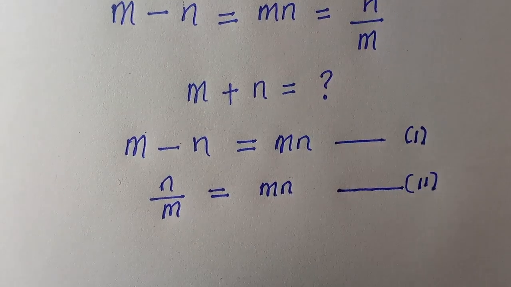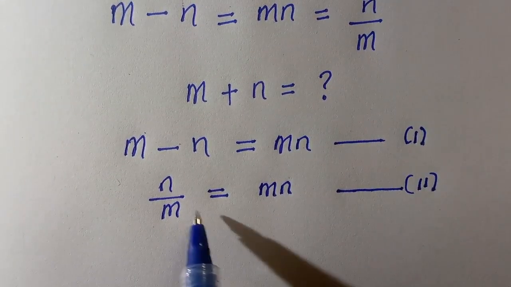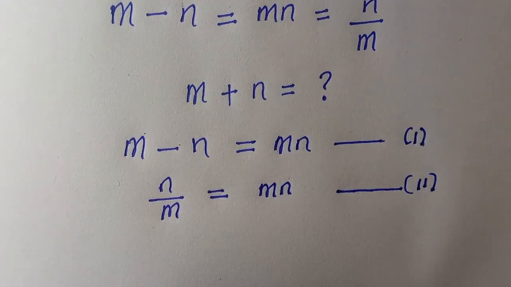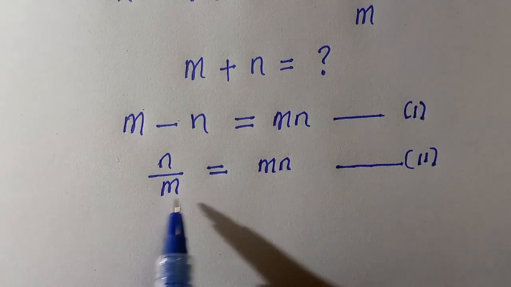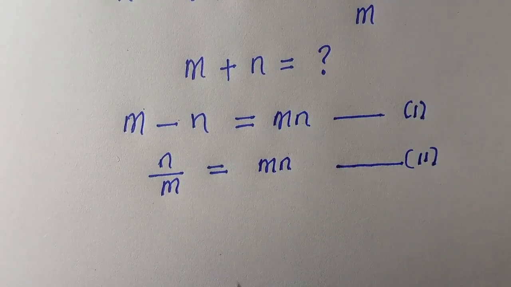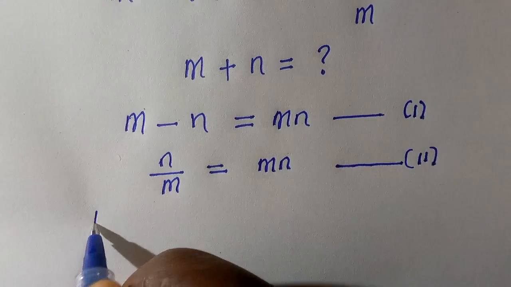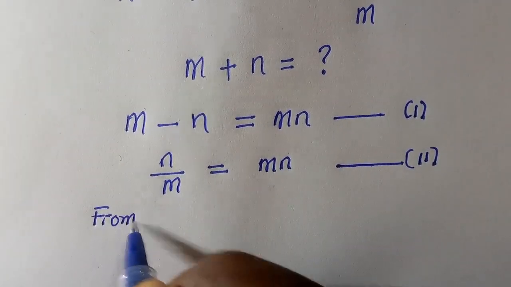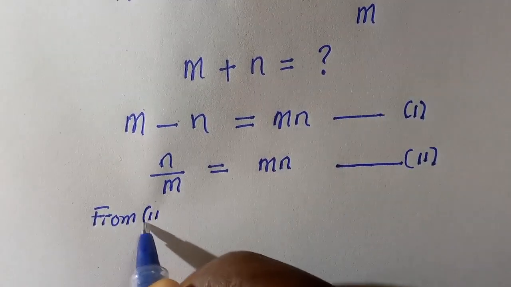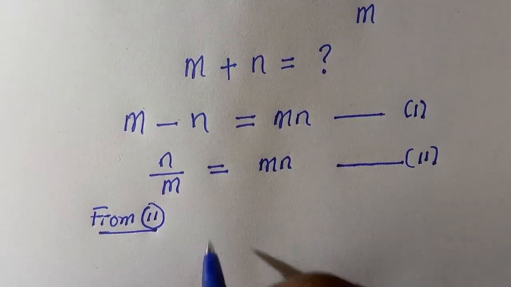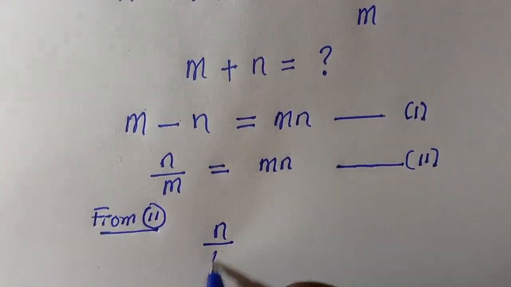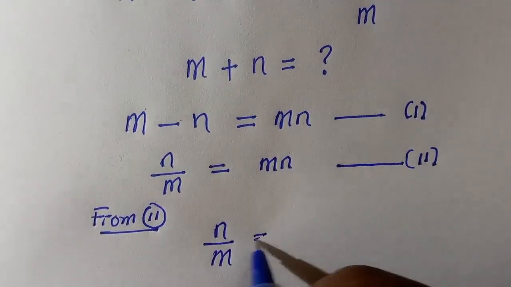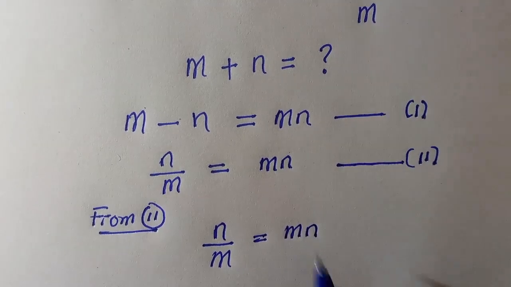So what I will do is, let's say I start solving from equation 2, which is n over m equals mn. So from equation 2, here is n divided by m equals mn.